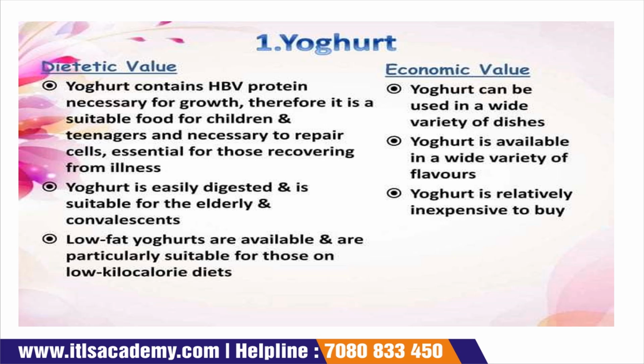Now, the dietetic value of yogurt: yogurt contains HBV protein, which is necessary for growth. Therefore, it is a suitable food for children and teenagers, and it is necessary to repair cells, essential for those recovering from illness.